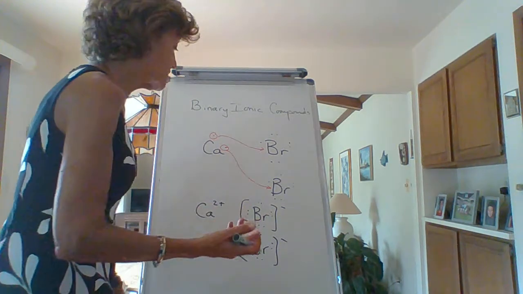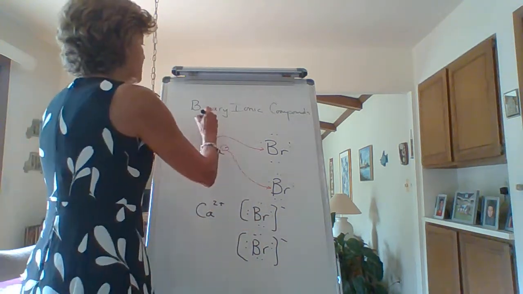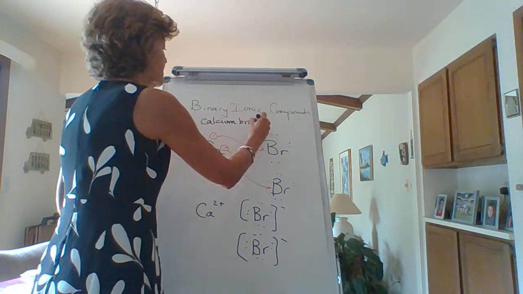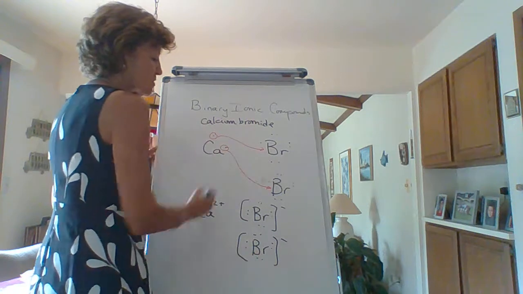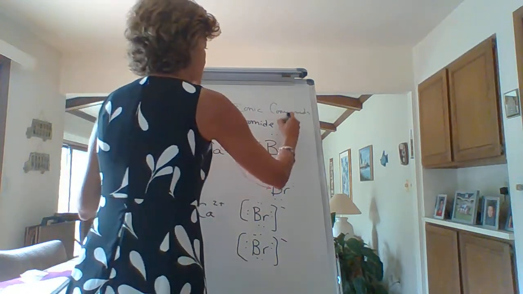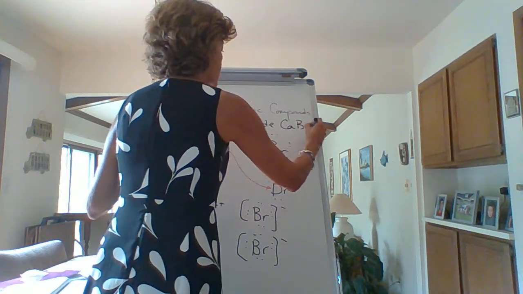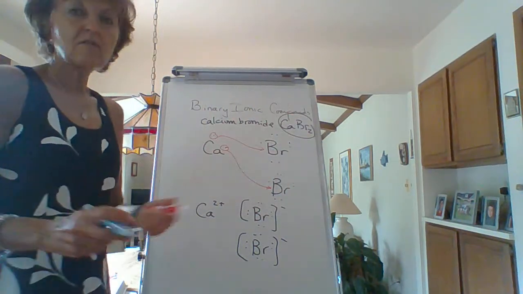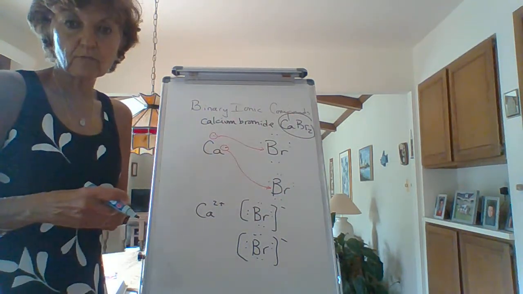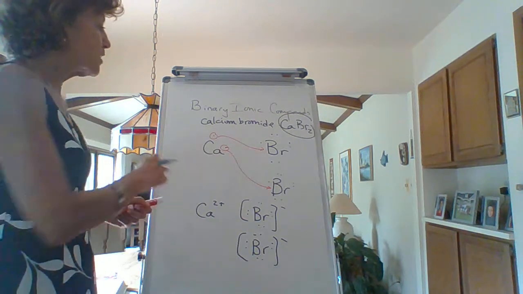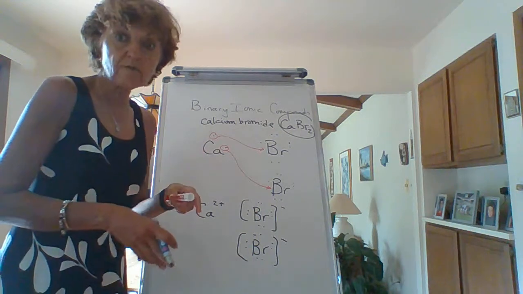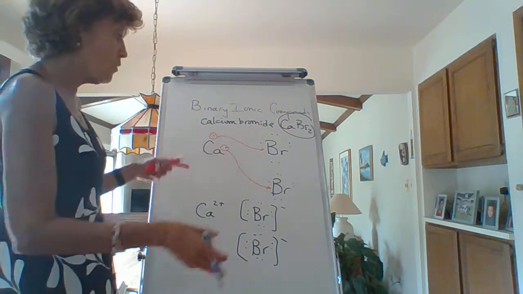Whenever anyone talks about calcium bromide, you just summarize it as CaBr2. Notice no pluses, no minuses. That is the formula for calcium bromide. Okay, so I just wanted to show you that there's an actual transfer of electrons. This is what is going on.